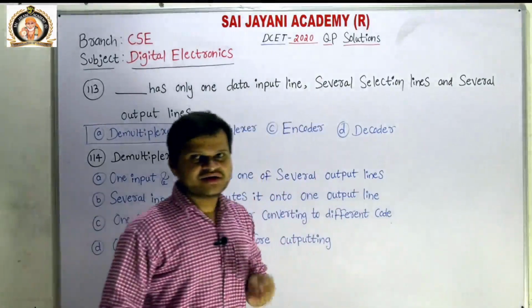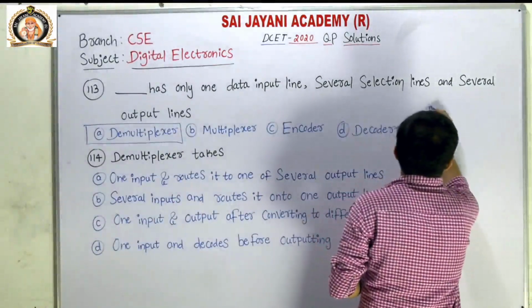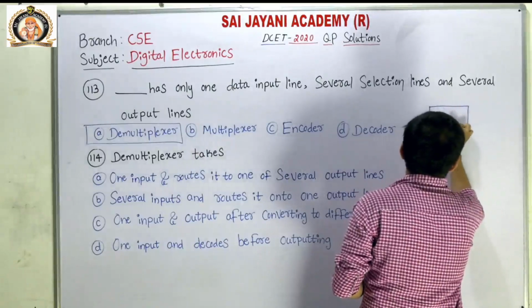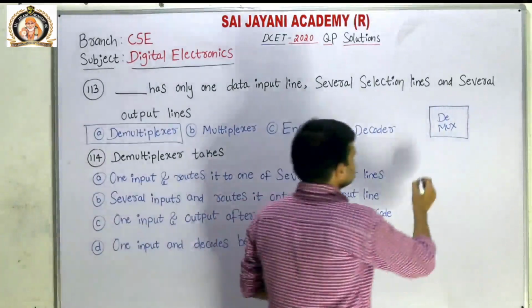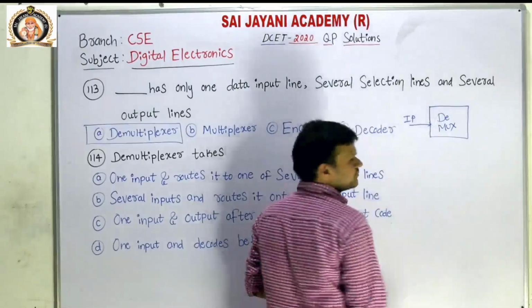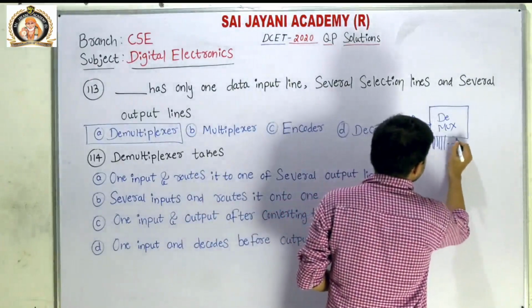When we consider a demultiplexer in general, this is the DEMUX. We can also call it as DMUX. Okay, this DMUX or demultiplexer has single input line and several selection lines.